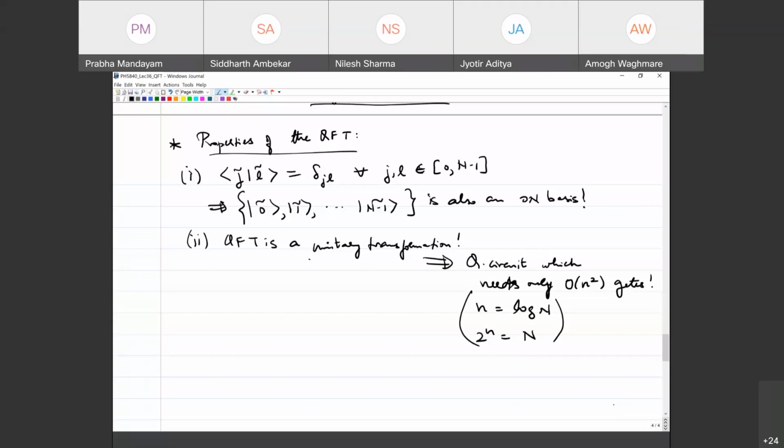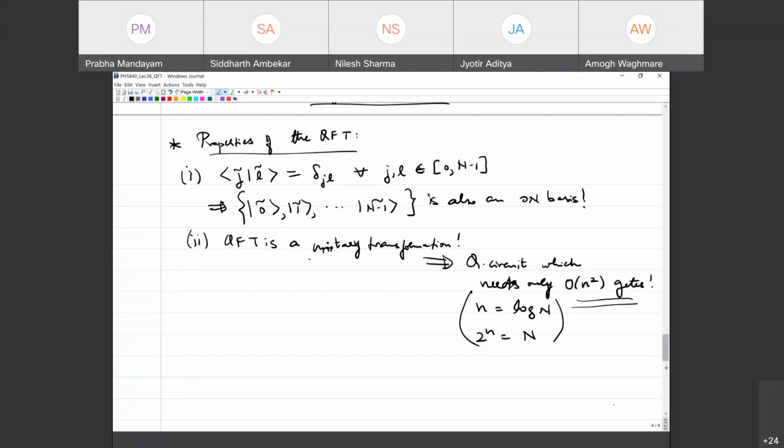So this is an exponential speedup, and it is at the heart of several exponential speedups in quantum computation: the fact that you can do the Fourier transform very efficiently with a minimal number of gates.